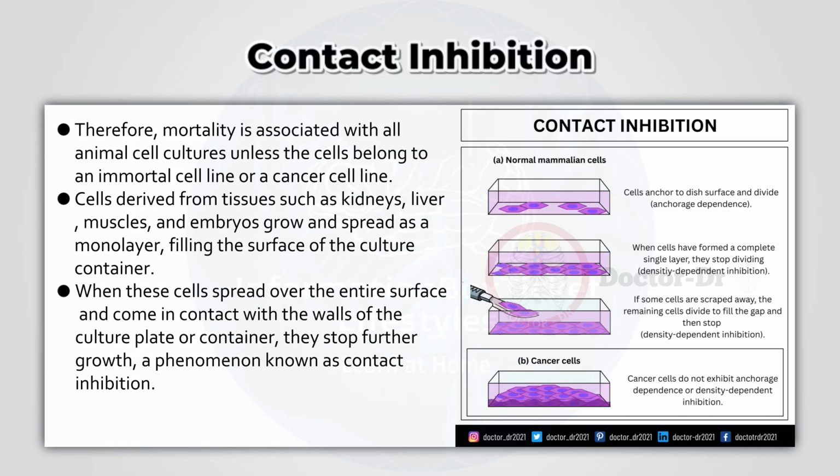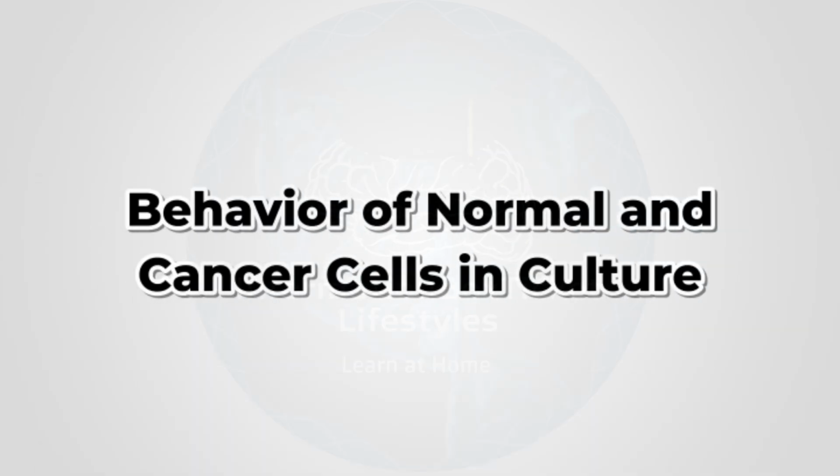When these cells spread over the entire surface and come in contact with the walls of the culture plate or container, they stop further growth, a phenomenon known as contact inhibition. Behavior of normal and cancer cells in culture.